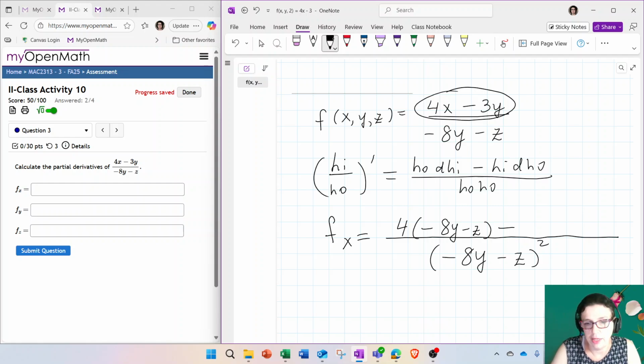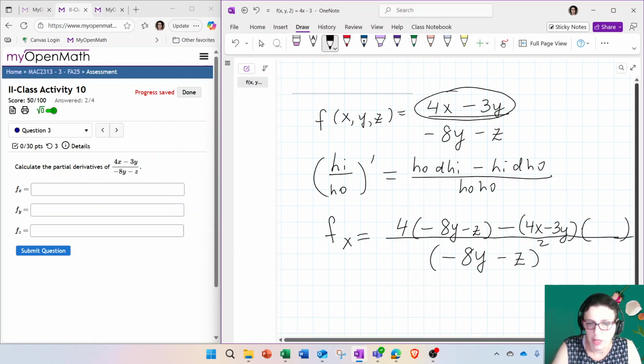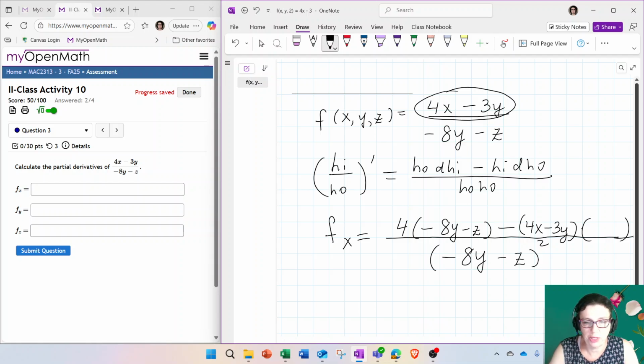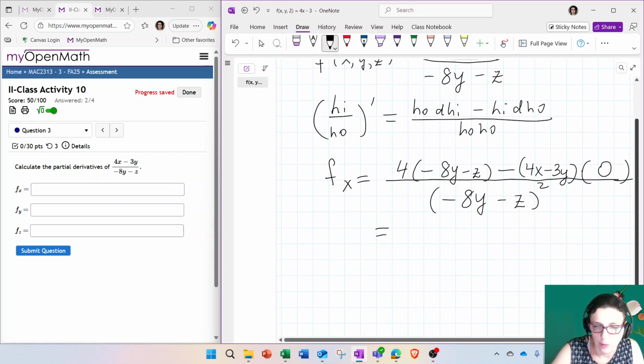Subtract hi, which is the top, make sure it's in parentheses, multiplied by the derivative of the bottom with respect to x. But the bottom doesn't have an x. None of the terms have an x, so this is just going to become 0. So this is really just going to drop out.